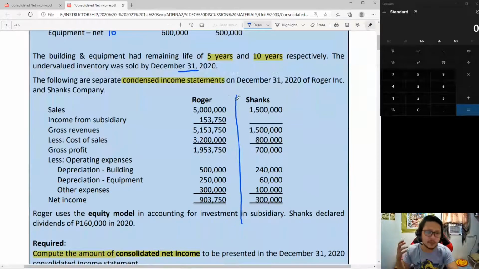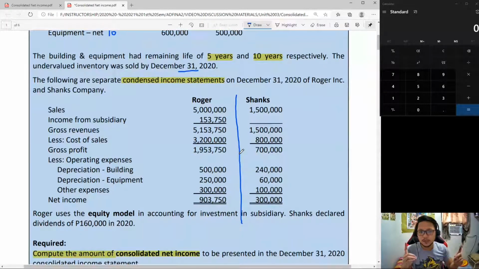All you have to remember is the accounting records of Roger and Shanks are separate, which is why their financial statements are separate. Now, your job as the accountant, at every reporting period, is to make sure na i-combine mo ang financial statements ni Roger and Shanks to make the consolidated financial statements if you are the accountant of Roger. Kasi po, si Shanks hindi naka-record sa libro ni Roger. Gagawin mo to in every reporting period.